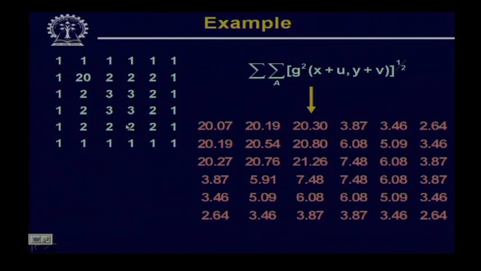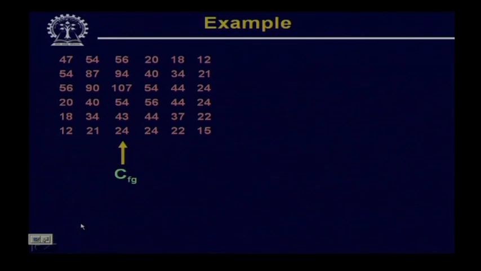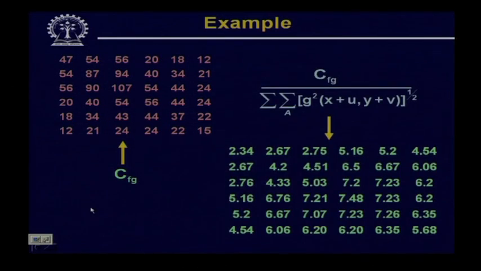And then what we have to do is normalize the cross correlation with these normalization factors. If I do that normalization, this is my original cross correlation coefficient matrix that I have computed earlier, and by using the normalization, what I get is the normalized cross correlation coefficient matrix, which comes like this.